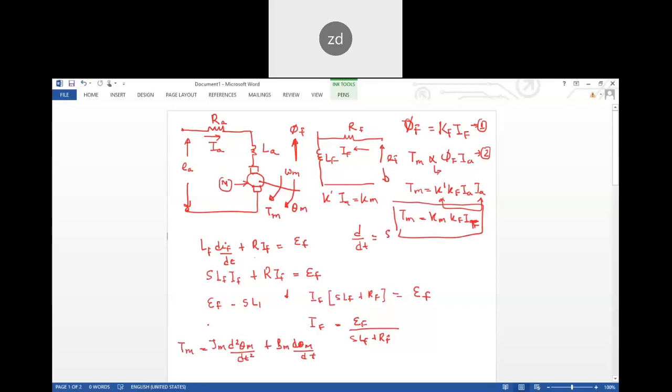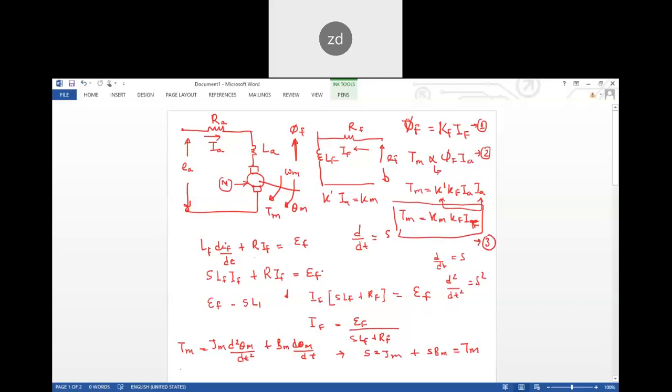Again, if I convert this into the Laplace domain, the d by dt term will become s, and the d square by dt square term will become s square. So here I can write this equation as s square Jm plus s Bm is equal to Tm. Now let this be equation 1, 2, and this be equation 3.